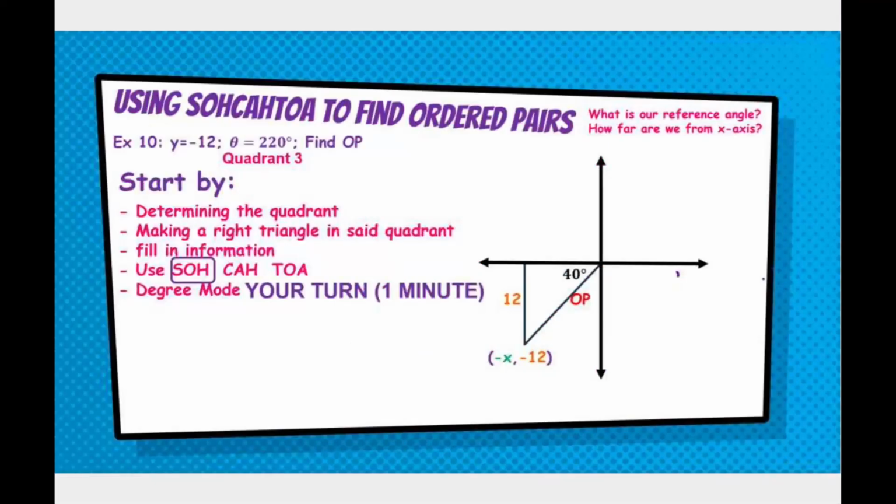All right, let's look at one more, quadrant 3. 220 degrees is in quadrant 3, so I'm going to write my triangle here.